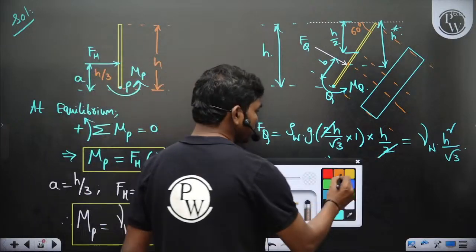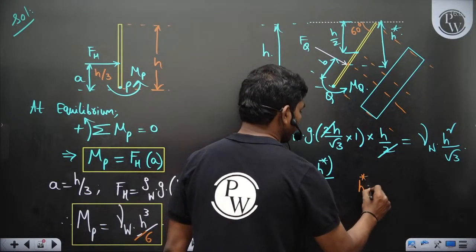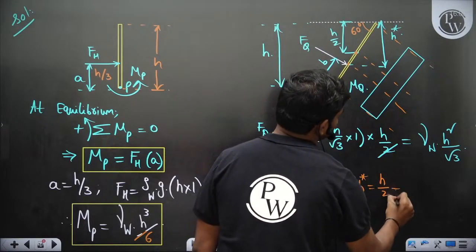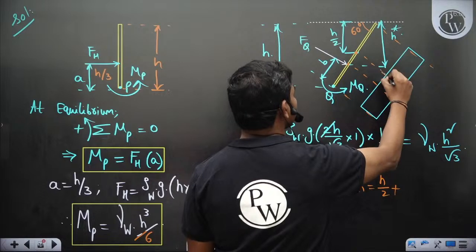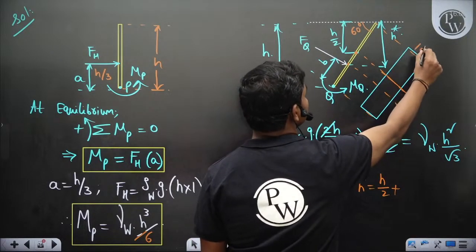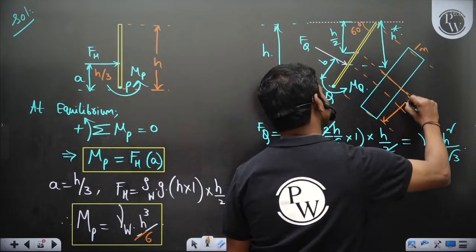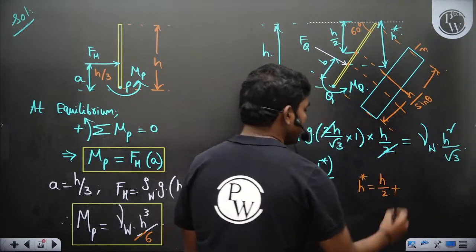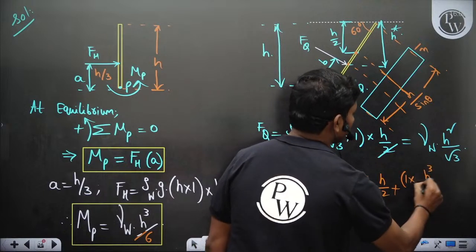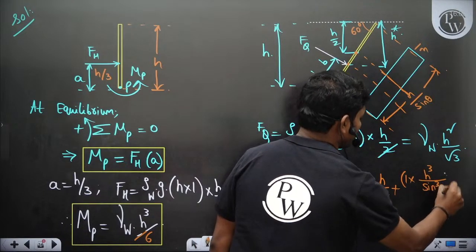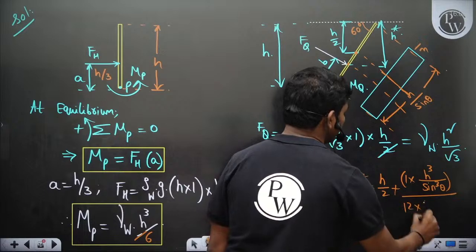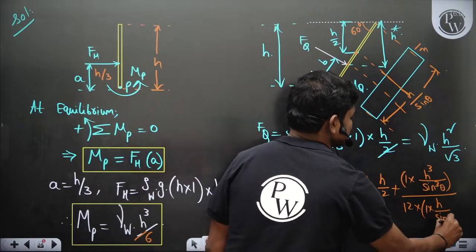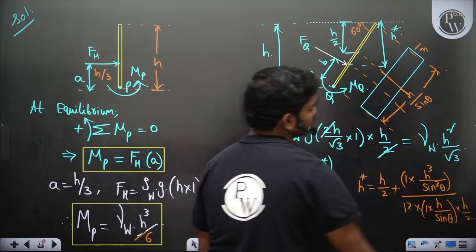Let's see, h star is equal to h bar, which is the depth of centroid, h by 2, plus Ixx, moment of inertia about this axis. So this length is 1 meter and this slant length is h by sin theta. Correct? So b d cube by 12 into area. So 1 into h by sin theta into h bar. Okay, so we have h by 2. This is what you have.